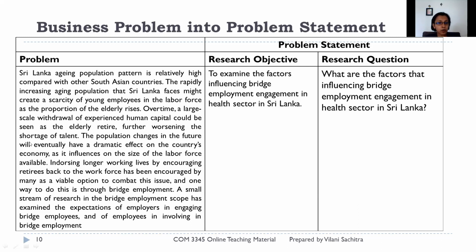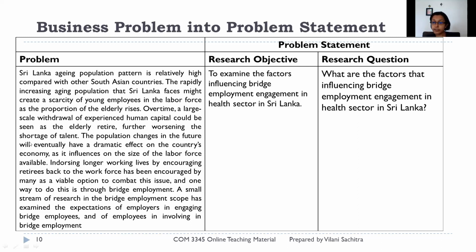And endorsing longer working lives by encouraging retirees back to the workforce has been encouraged by many as a viable option to combat this issue, right? So in order to overcome the influence on the labor force, the lack of an experienced labor force, countries are now trying to get the retired labor force to work again.